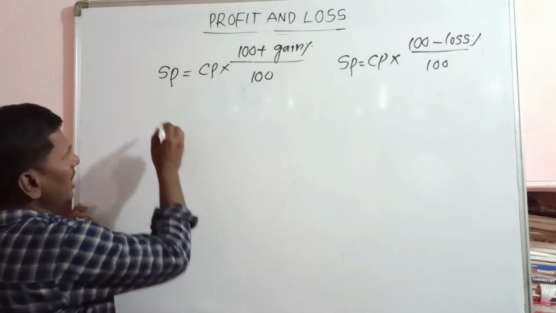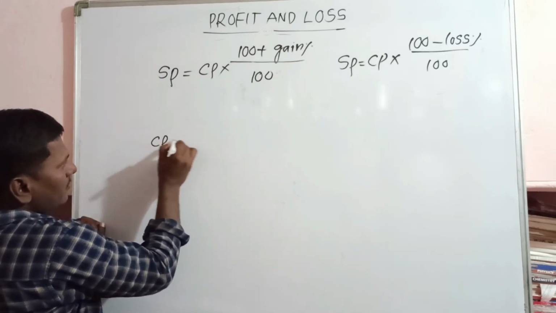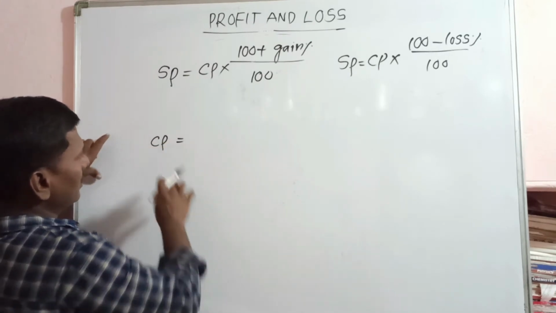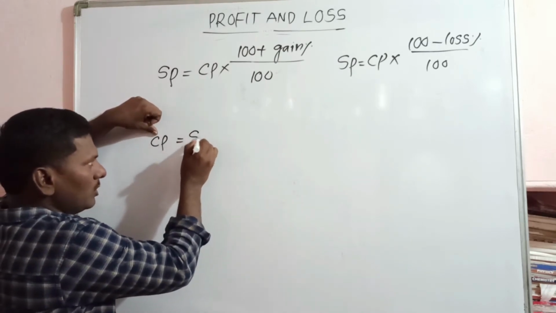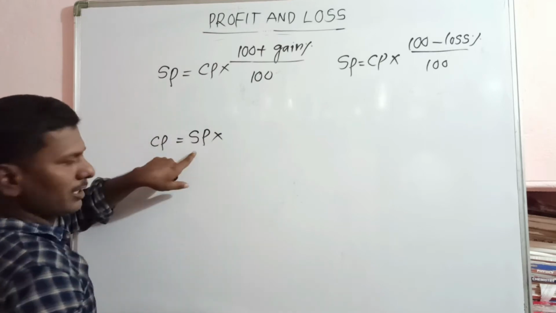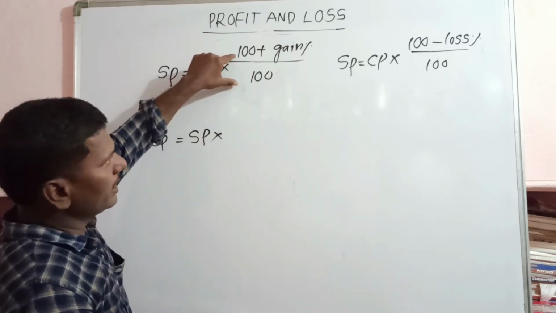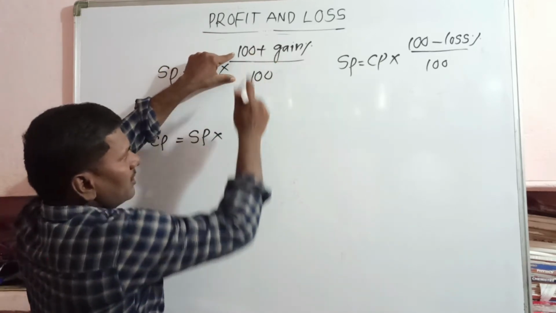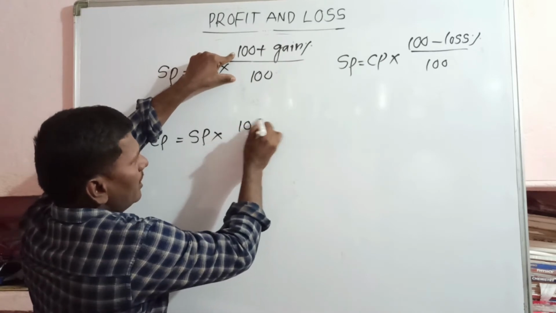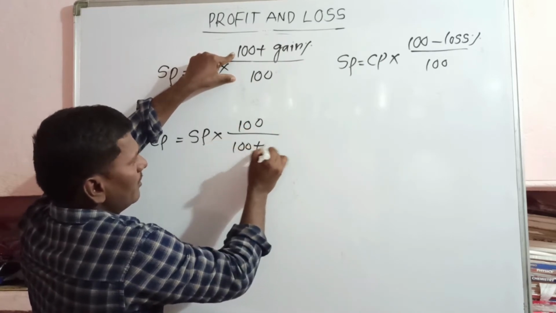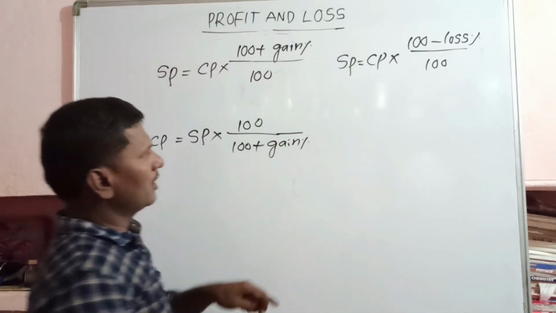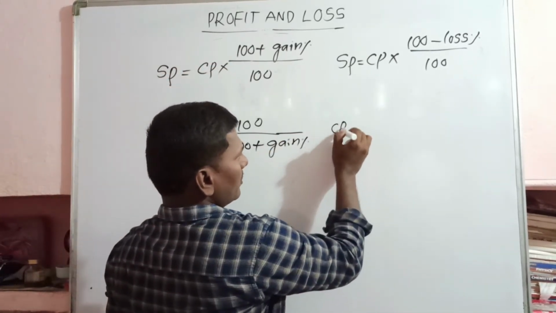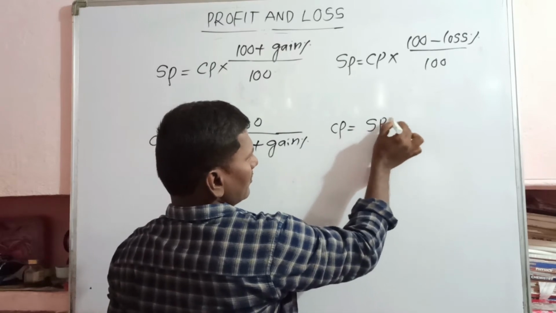From this I am writing cost price. If you are asked to find out cost price, you are given selling price. So write selling price, and invert this fraction: 100 by 100 plus percentage of gain. Here also CP is equal to SP.